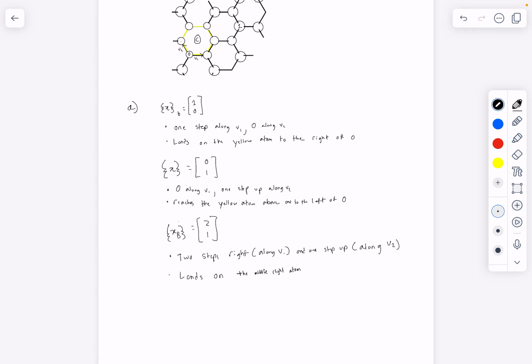When we are asked to look for 0, 1, that is 0 along v1 and one step along v2, and that reaches the yellow atom above and to the left of 0. And finally, when we look for 2, 1, that simply says that we're going 2 steps to the right along v1 and 1 step up along v2, and that lands us on the middle right atom of the yellow hexagon.